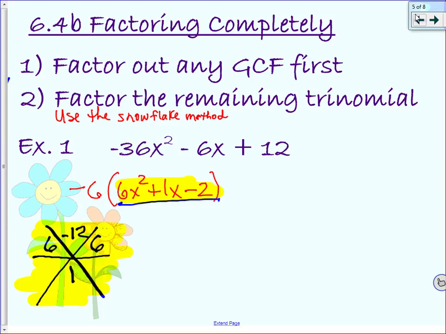Oh, you want to write them out? One hint is it's going to be 4. 4 and negative 3, good job. So 4 times negative 3 is negative 12, and 4 plus negative 3 is 1.